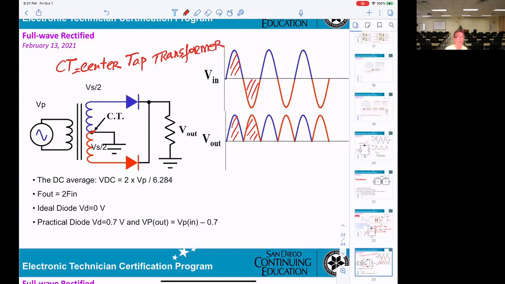Okay, now, what about the center tap transformer? That means when you get a primary voltage, they go into the secondary here.